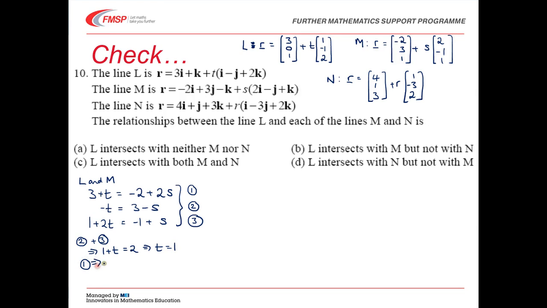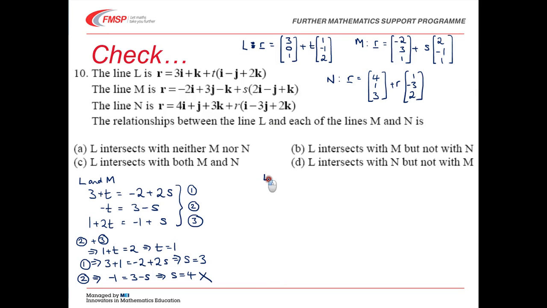Equation 1 then tells me that 3 plus 1 is equal to minus 2 plus 2s. So that tells me that 2s is 6 and s is 3. However, equation 2 tells me that minus 1 is equal to 3 minus s, which would give me that s was equal to 4. So my equations are not simultaneous, and I don't even need to bother checking 3.